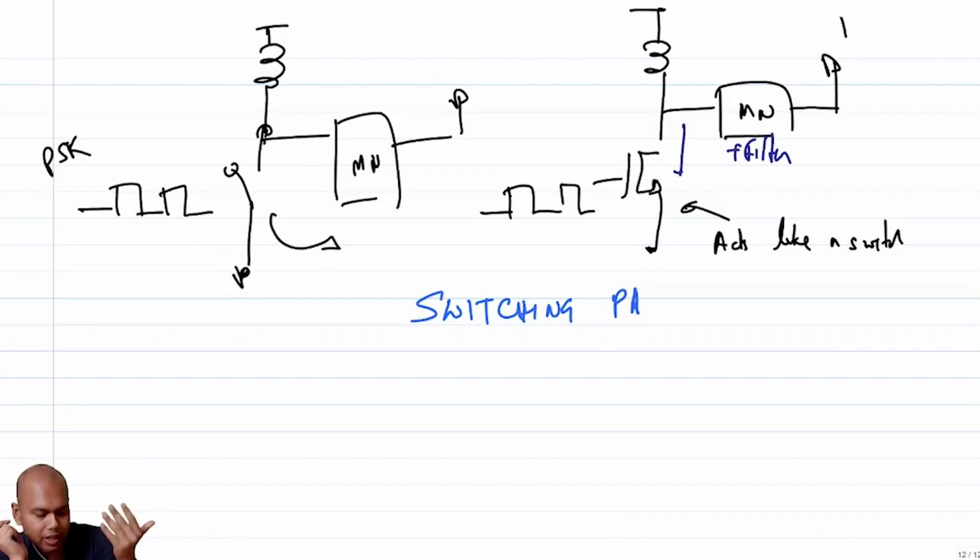By the way, we will refer to those as linear power amplifiers, because they operate under the assumption that the output current is proportional to the input voltage, and then you do all sorts of filtering. In this case, we're calling them switching power amplifiers, right?